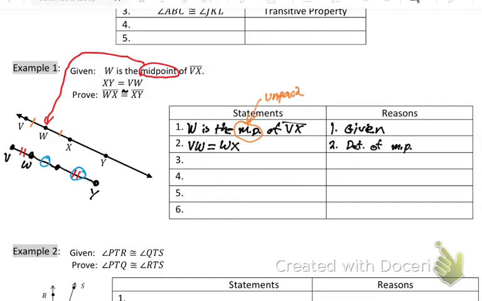So the next thing I would do here is I'd write the given. So I'm going to put XY equals VW. And that is my given. Why would you do that at the beginning? Because I like to unpack this first. Sometimes, if the givens aren't exactly the same, I typically separate them. If they were both congruent statements, like XY equals VW and WX equals something else, I'll usually list them together.